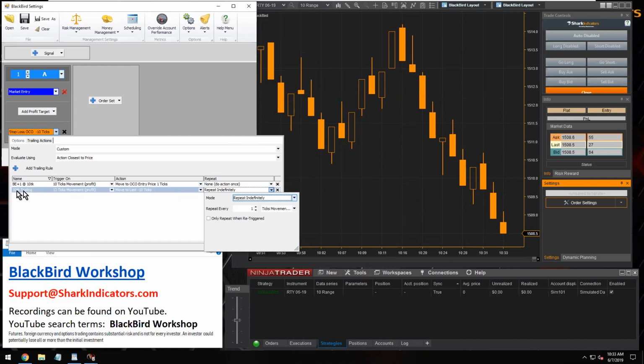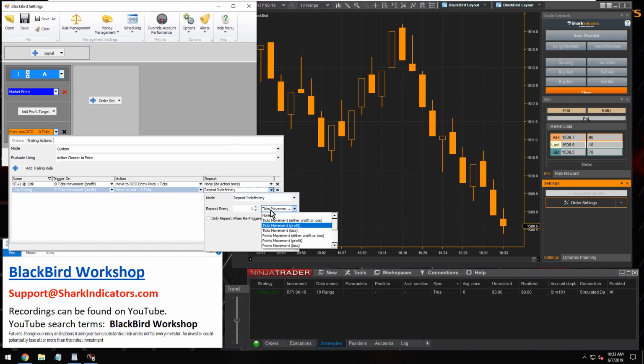That way this 10 tick trailing can keep trailing every tick. And we also have the repeat every one tick of movement.